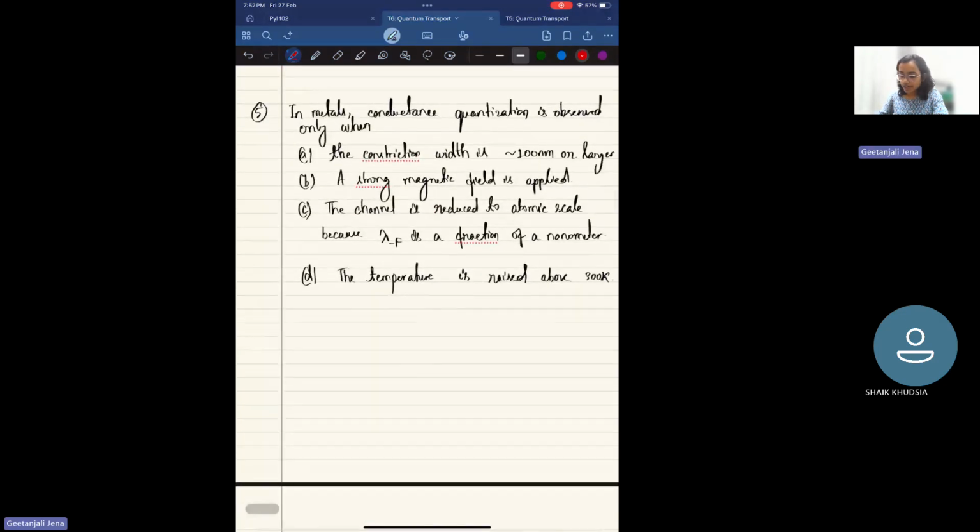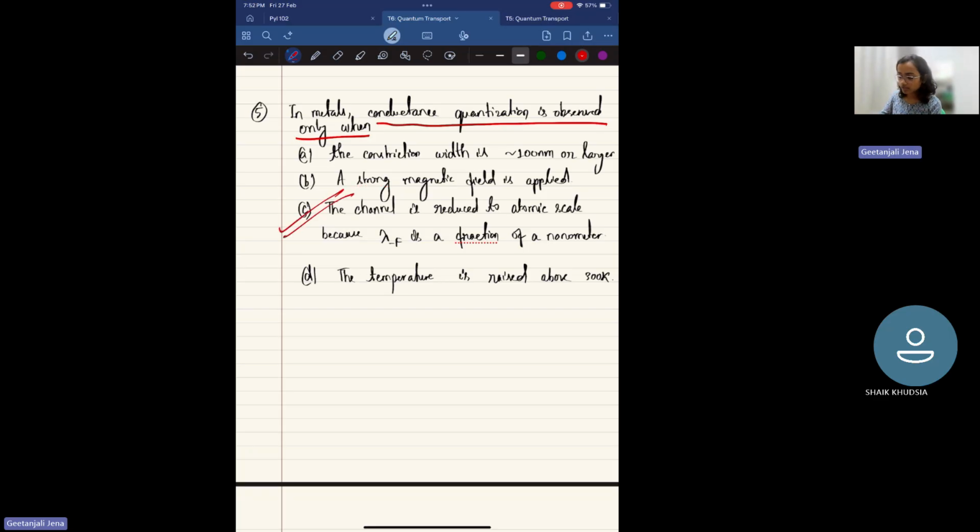Question number 5. In metals, conductance quantization is observed only when the constriction width is 100 nanometer or larger, or option B, a strong magnetic field is applied, or option C, the channel width is reduced to atomic scale because lambda F is a fraction of a nanometer, or option D, the temperature is raised above 300 Kelvin.